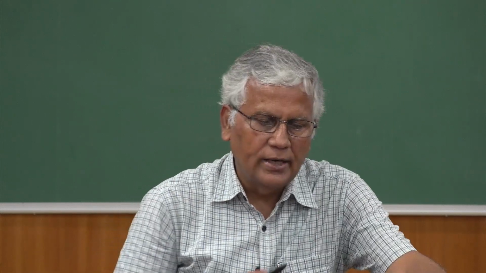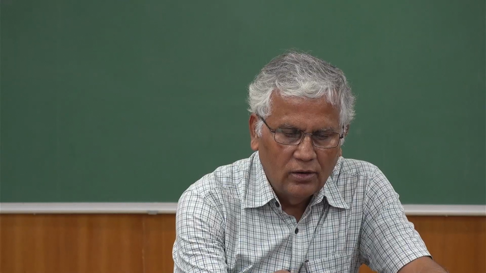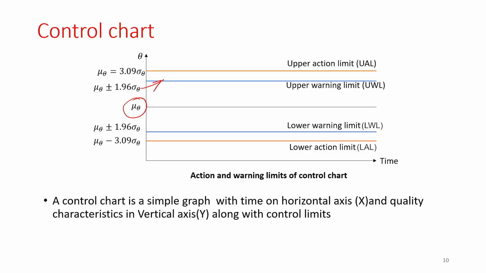The upper one is mu theta plus 1.96 sigma theta, and the lower one is mu theta minus 1.96 sigma theta.